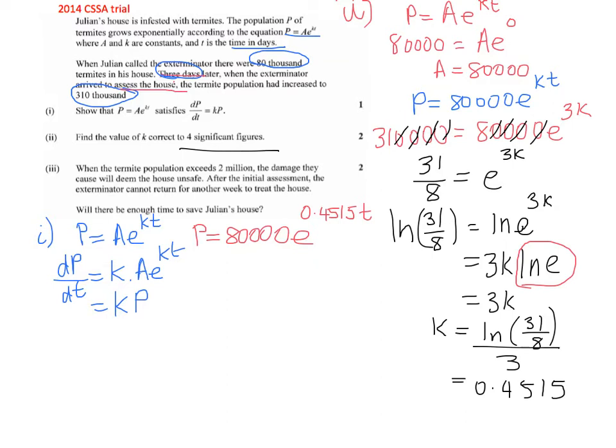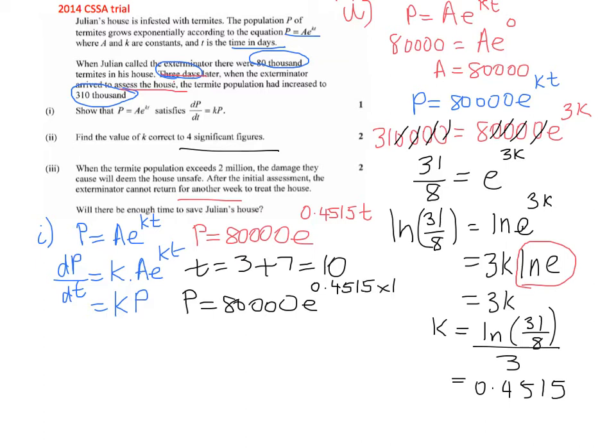If the exterminator can't return for another week, that's going to be when t equals the initial 3 days of the assessment plus a week after that, when t equals 10. Let's find what the population is when t equals 10. If it is more than 2 million, then the house is unsafe. If it is less than 2 million, then Julian's house can be saved.